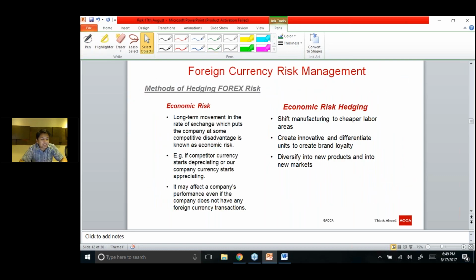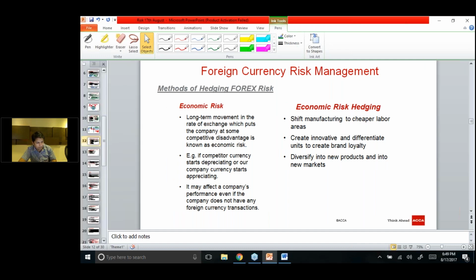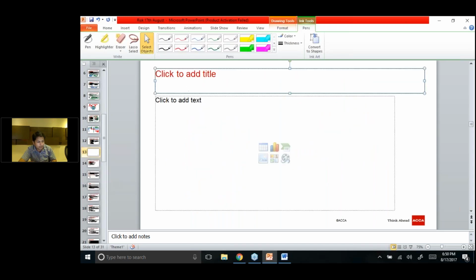The next type of risk is economic risk. And what is economic risk? Let's learn this concept with the help of an example.